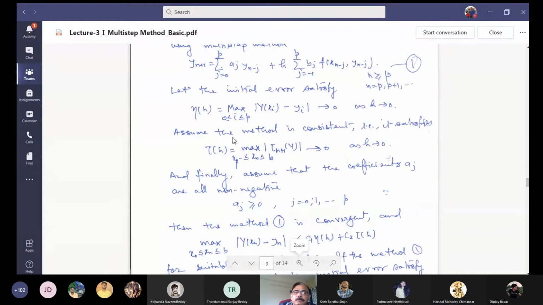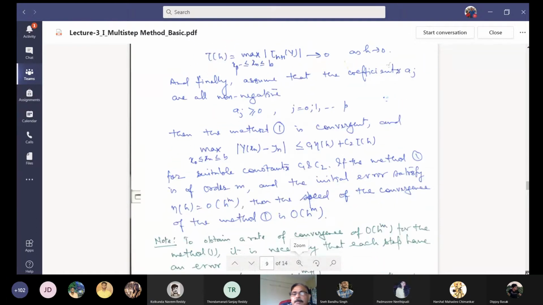Further, assume that the method is consistent, that is, it satisfies that tau h goes to 0, that first condition, and finally assume that the coefficients a_j's are greater than or equal to 0 for j running from 0, 1 to p.